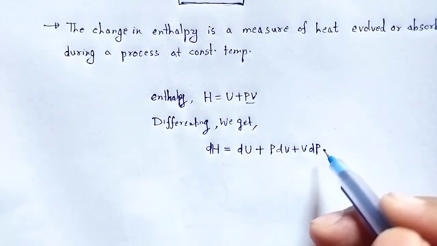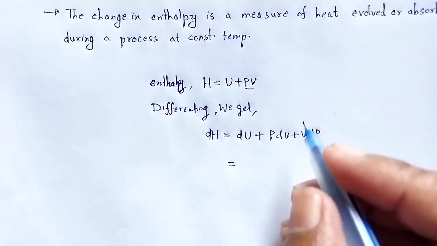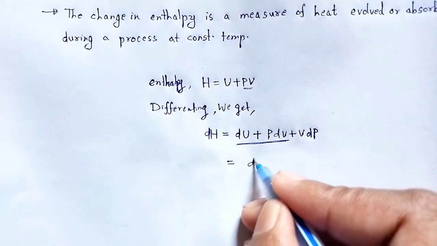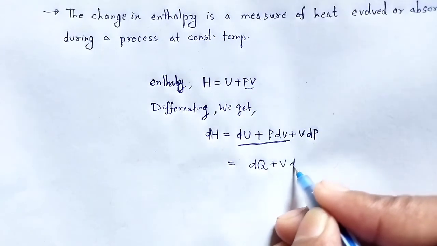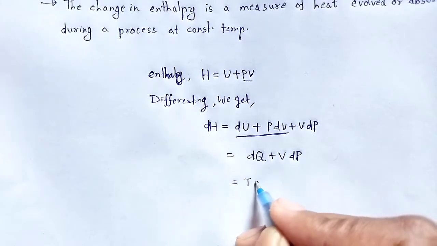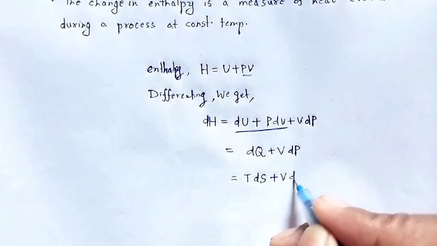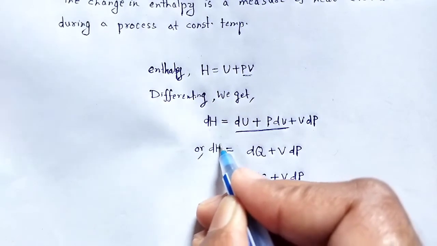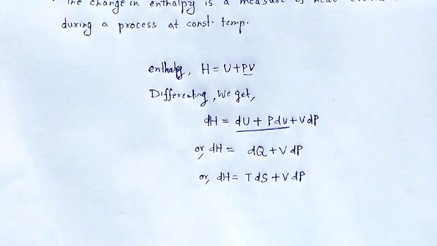PdV plus VdP is equal to dU plus PdV, that is dq according to the first law of thermodynamics, dq plus VdP. Now dq is equal to TdS from the second law of thermodynamics, plus VdP. So dH is equal to that much.